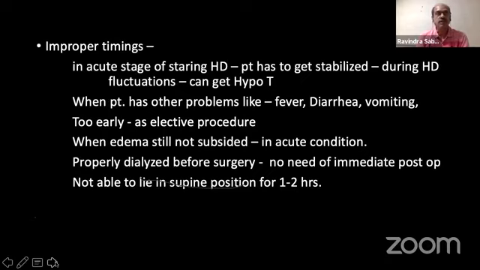That can start the bleeding, that can cause hematoma around the anastomosis, and that can compress and cause failure of the fistula formation. So a proper, good, nice dialysis, so that pre or post operatively, for at least 24 to 48 hours, there is no need of dialysis. That is how the timing has to be properly done.